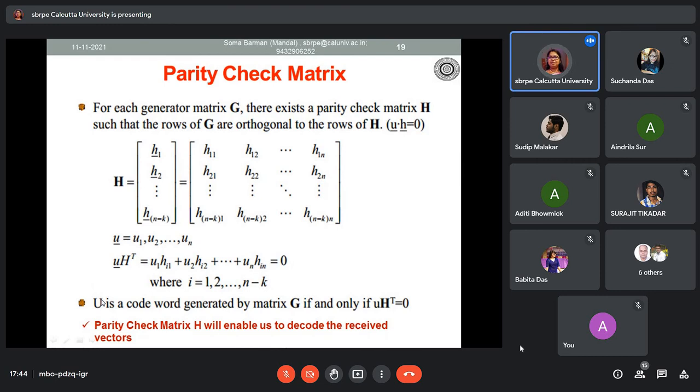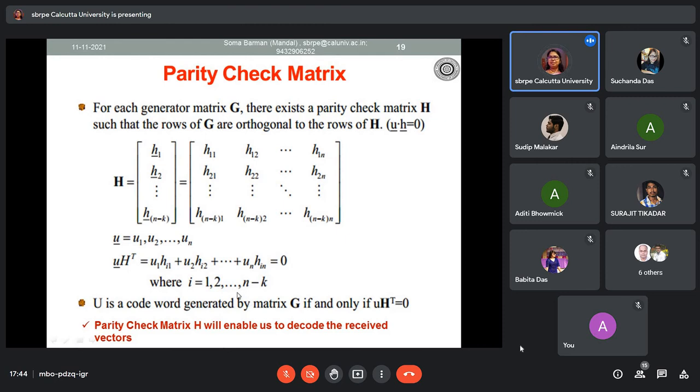As U is generated from G, U H transpose should also be 0. If U H transpose is not 0, then obviously U is not generated from the G matrix, or some error has occurred. So the parity check matrix H enables us to decode the received vector.